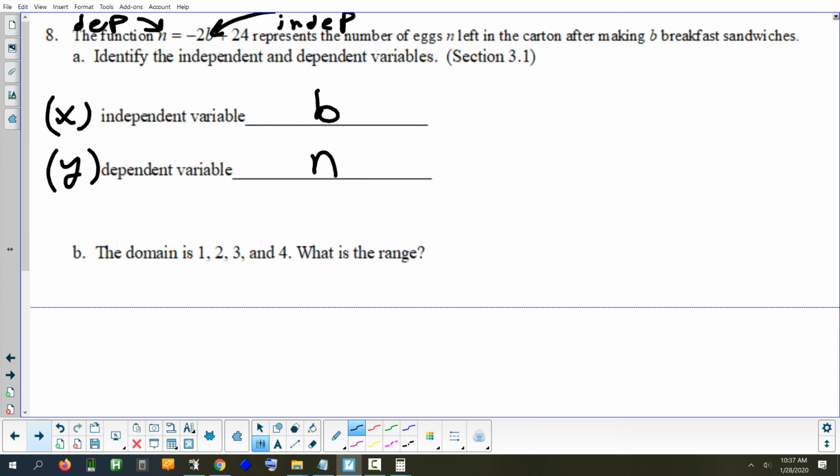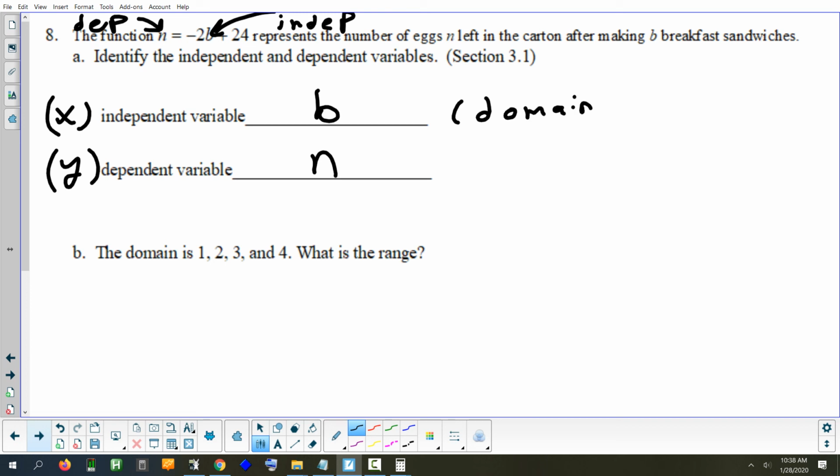Now, it says the domain is 1, 2, 3, 4. Okay? Which one of these is domain? The b or the n? The b, yes. Independent means domain.